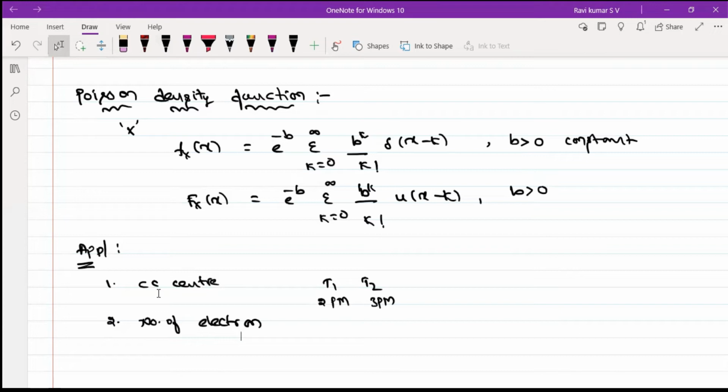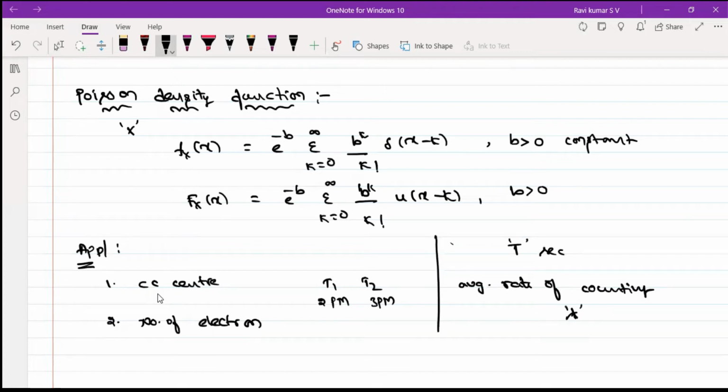So I am taking the time period of interest as t, in terms of seconds, and the average rate of counting, or the average number of arrivals, is taken as lambda.